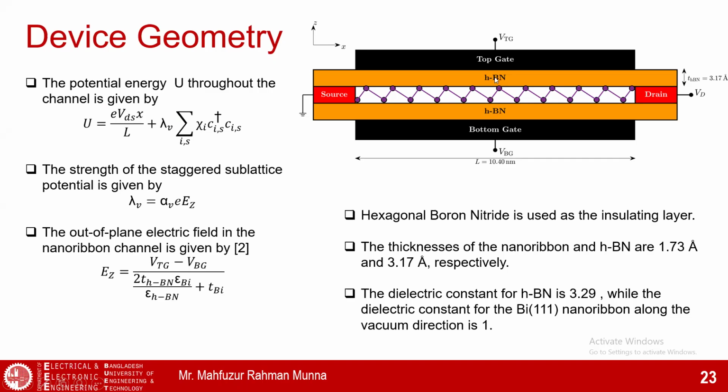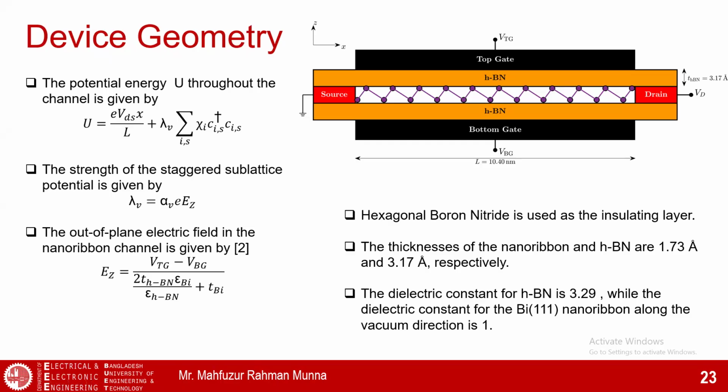And we have used the hexagonal boron nitride in our insulating layer. The thickness of the nanoribbon is 1.73 angstrom, and the thickness of hexagonal boron nitride is 3.17 angstrom. So here is the important part.